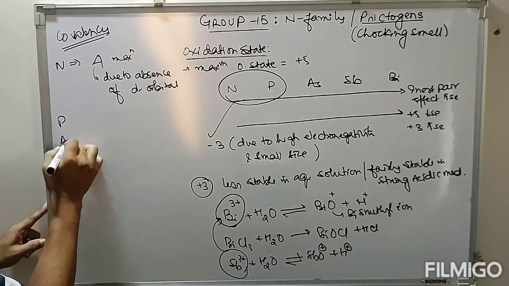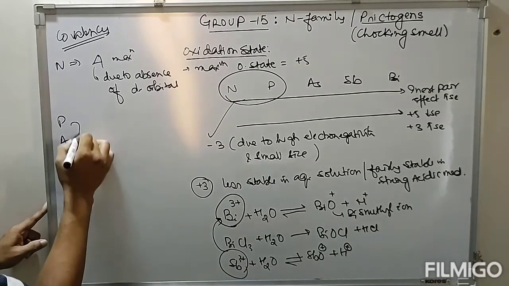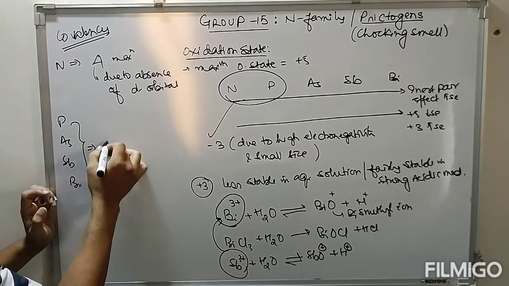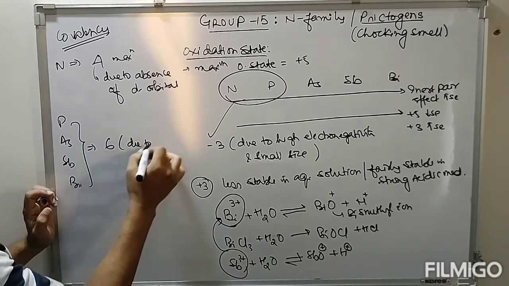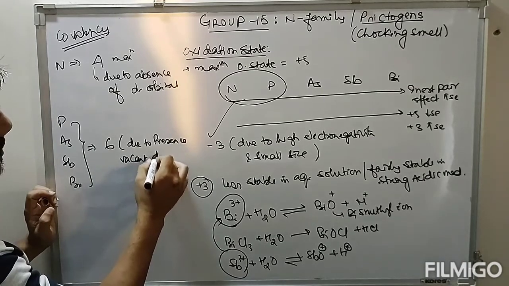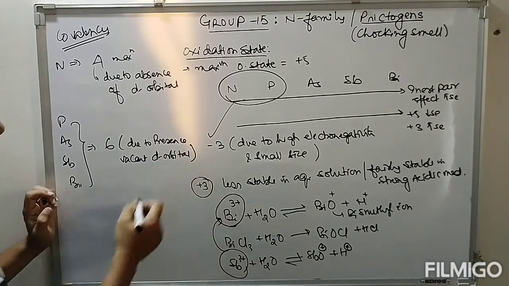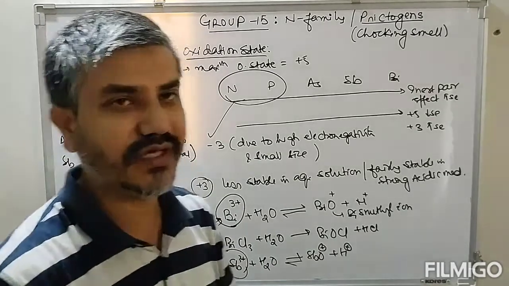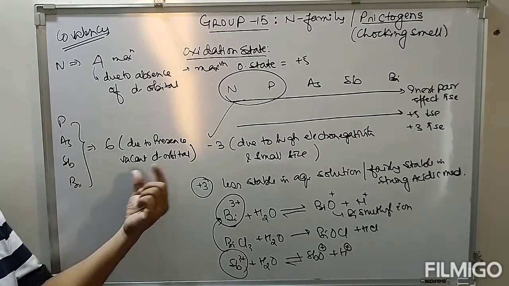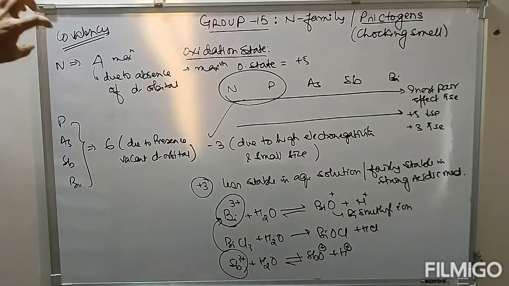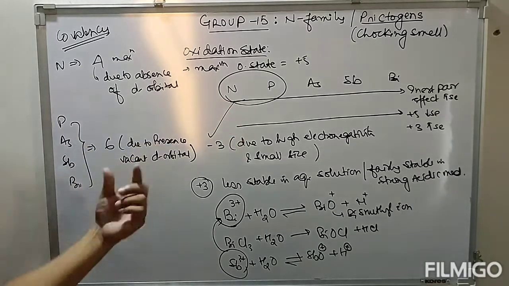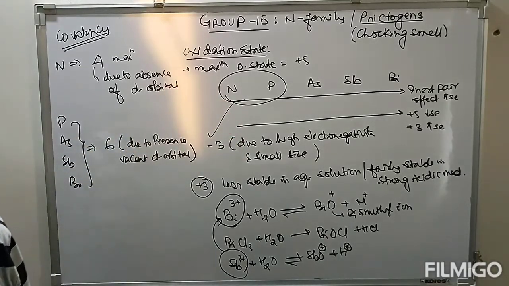Whereas phosphorus, arsenic, antimony and bismuth can extend valency up to 6 due to the presence of vacant d orbitals. So in this way, the first member shows some abnormal behavior due to the absence of d orbitals, and the rest of these elements show similar properties due to the presence of vacant d orbitals. So the maximum covalency of nitrogen in any compound is 4, and the rest of the elements can have 6.